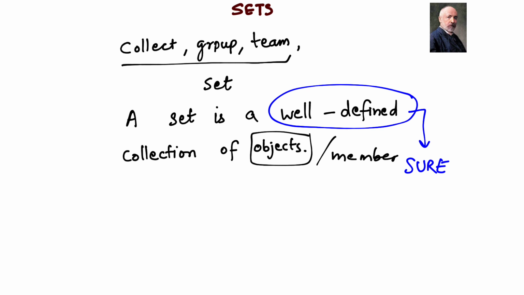It cannot be a member as well, that is no problem, but you have to be very sure, yes or no: A is a member of the set, or A is not a member of the set. If you can answer this correctly, and if your answer is the answer of everybody, then you can say that that collection or group is a set.